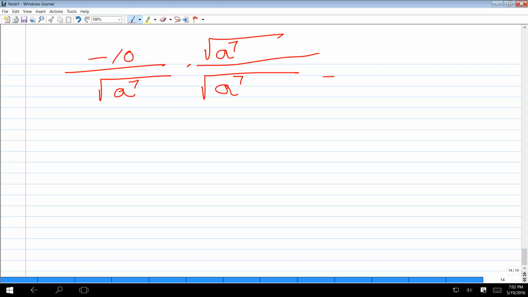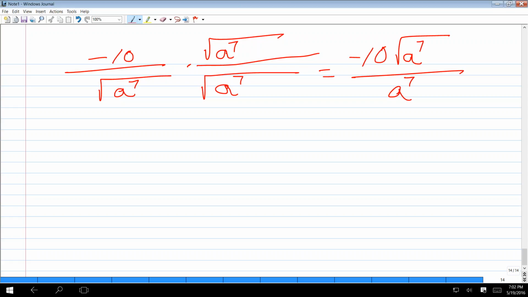Now, multiply across, what is the new numerator? Negative 10 a 7ths. Negative 10, the square root of a to the 7th. That's the way you pronounce that. And it's all over a to the 7th, like that.